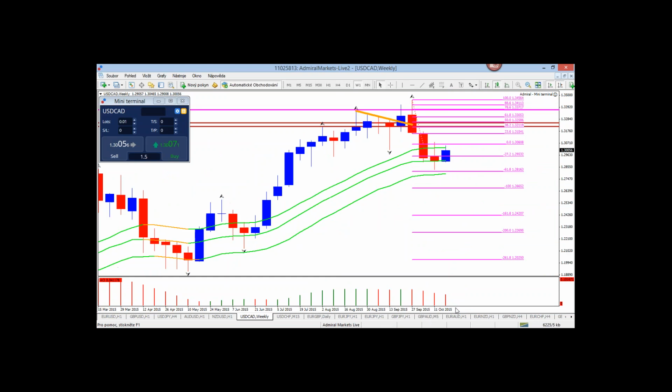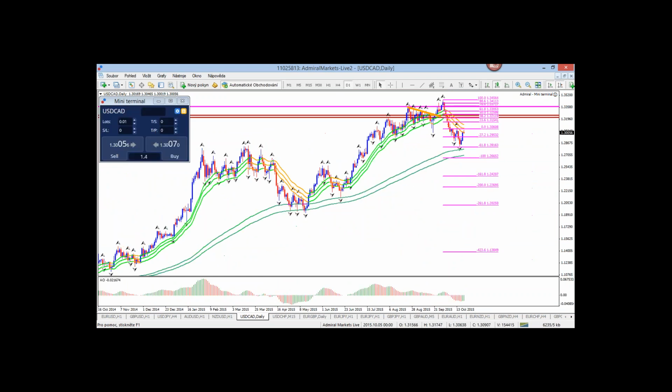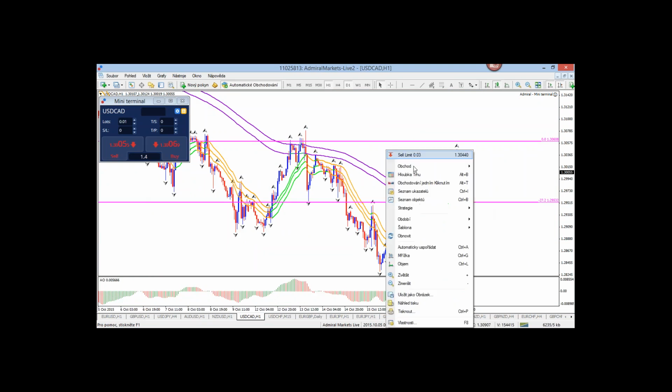Some divergence on this weekly chart. Dollar definitely losing some ground. Hourly is a bit of a mixture here, as you can see. Let me see where the Camarilla levels are.